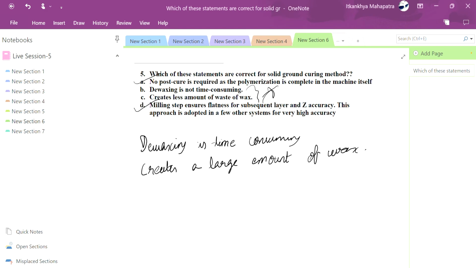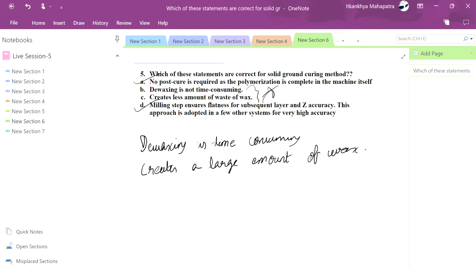It creates a lot of waste of wax, and also some other disadvantages are like building time. This depends only on the height of the part and not its volume. Rather, we should always consider the volume for the building time, because it controls the overall aspect of our specimen.